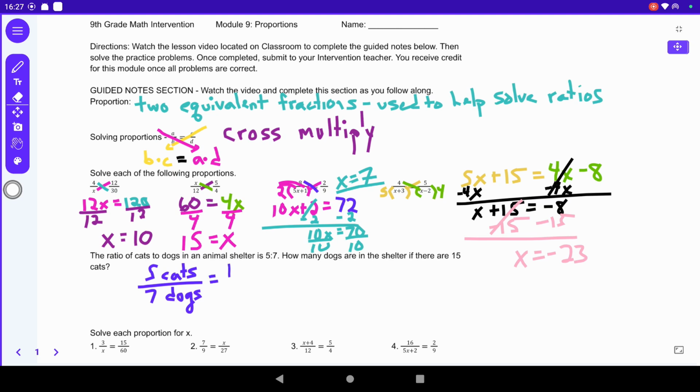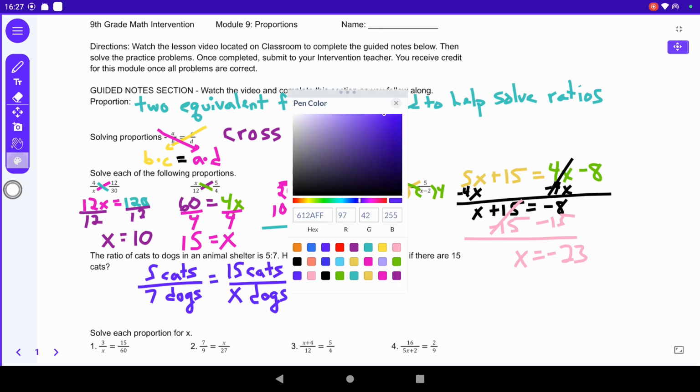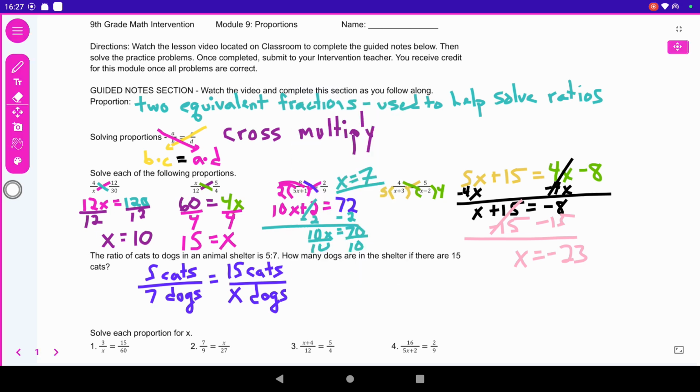Well, we know there are 15 cats, but what we don't know is the number of dogs. So I'm going to use X. You could use D for dogs, whatever you want, to set up your proportion. So we know the ratio is 5 to 7, so there's our starting fraction, equals 15 to something.